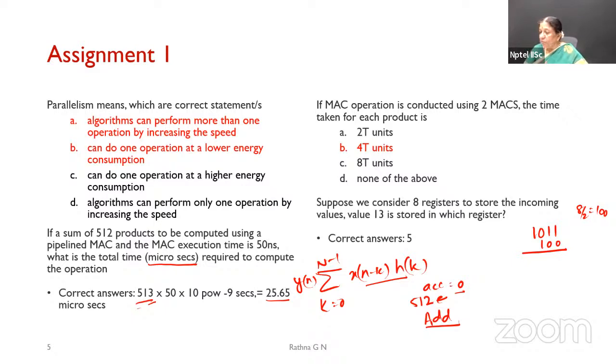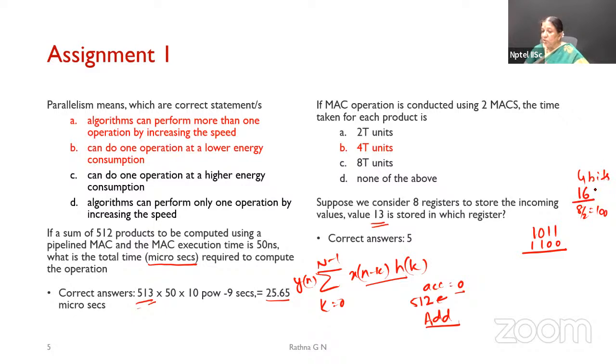So 13 can be represented with 4 bits. 4 bits means it is going to be 16 values that we can represent.